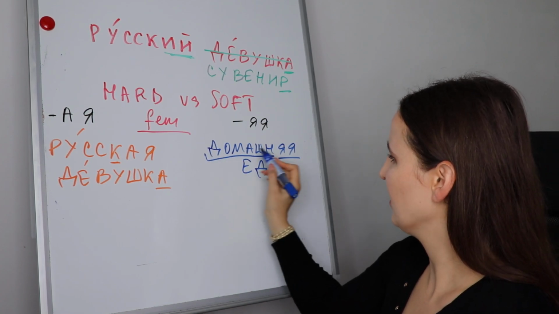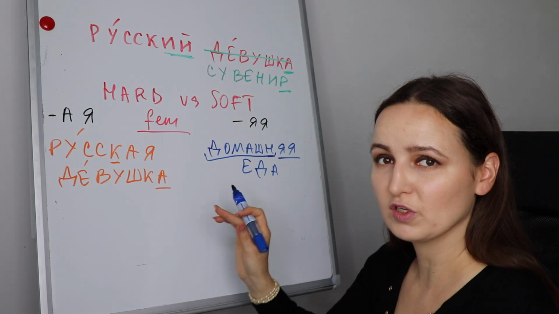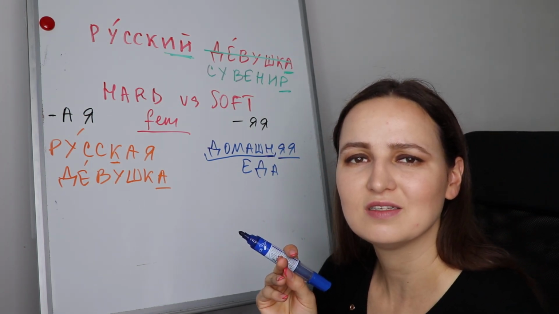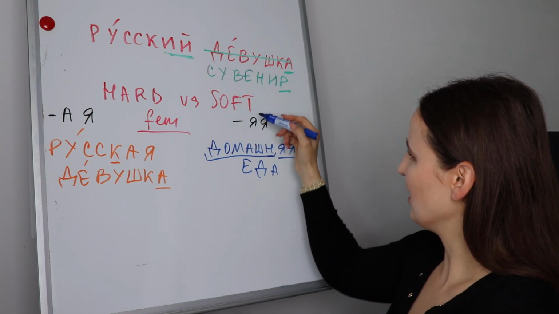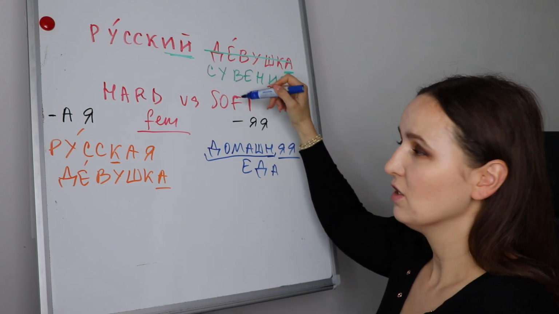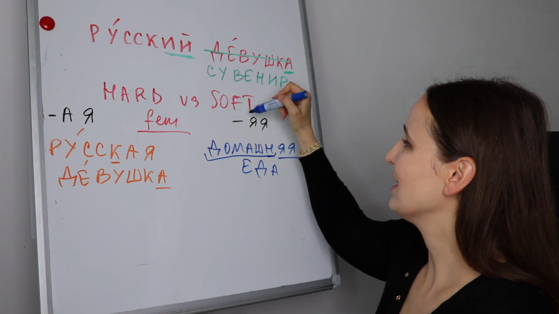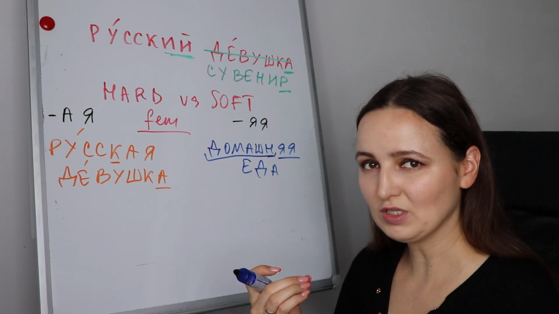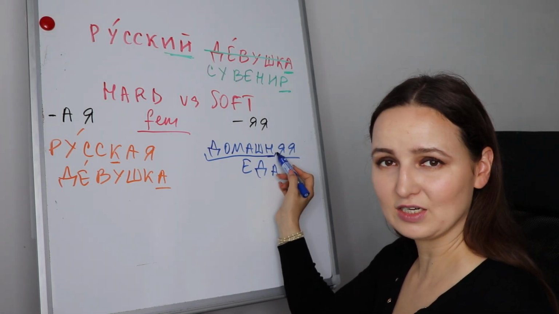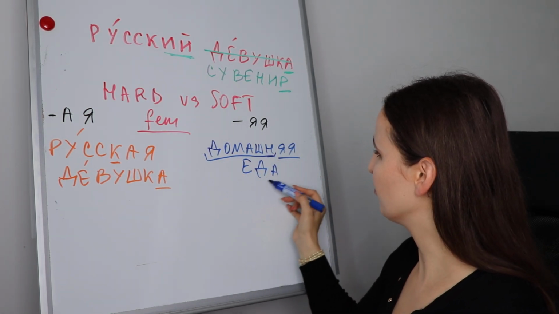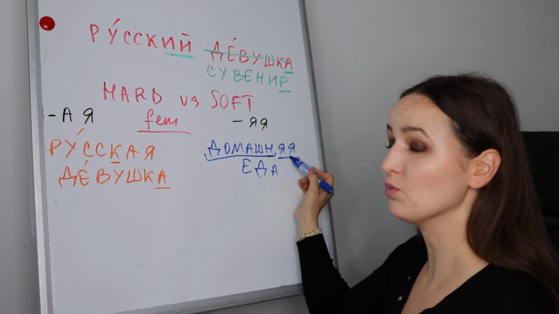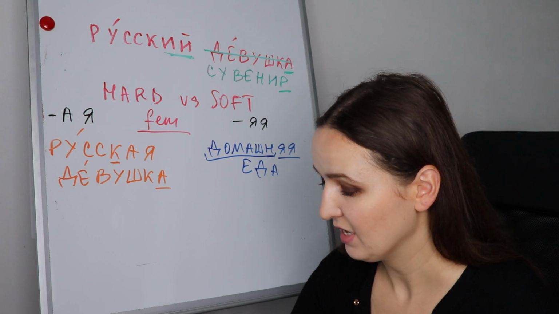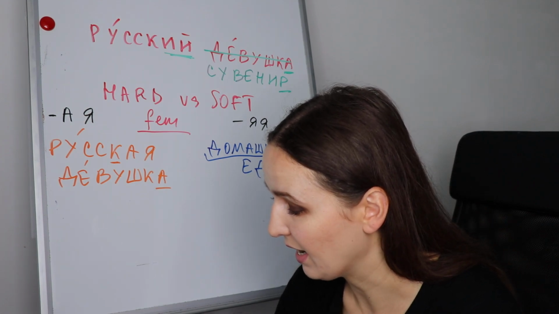Here the stem ends in n, which is soft. Listen, домашняя, soft. This is why I use the ending for soft adjectives яя. If you don't hear that n here is soft, just learn it by heart. Домашняя еда.